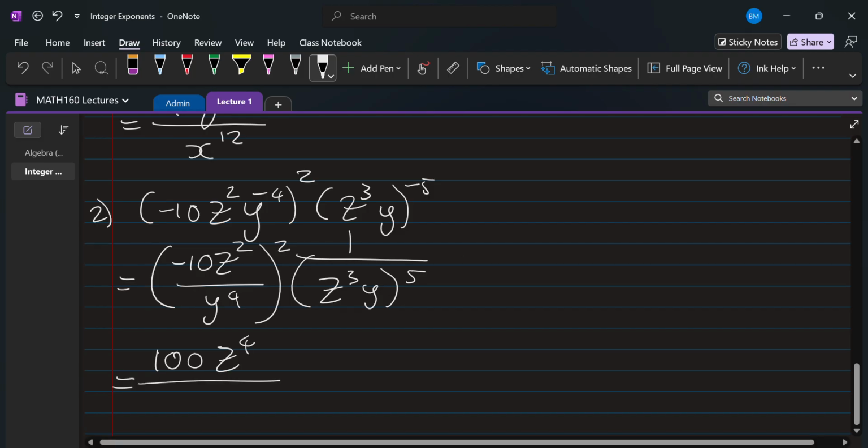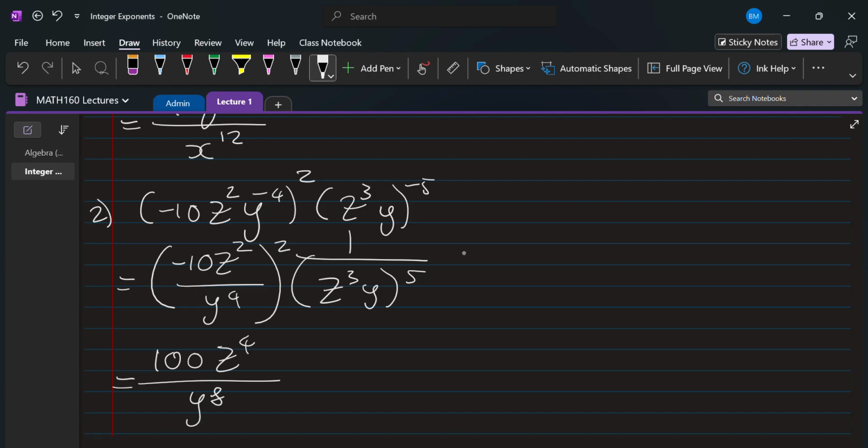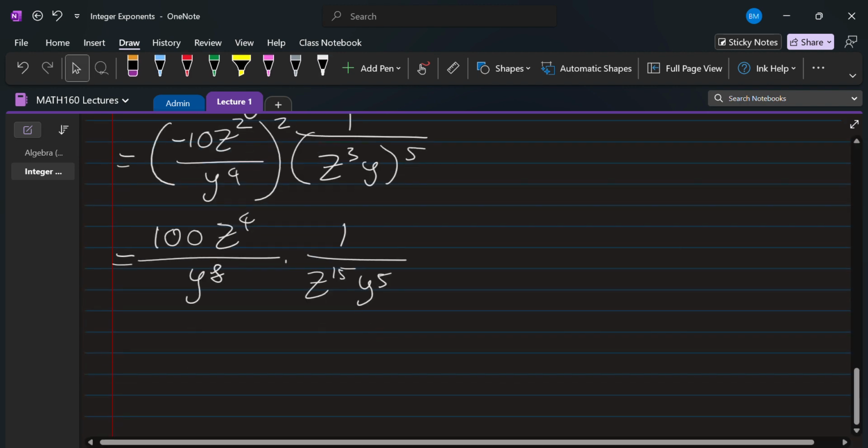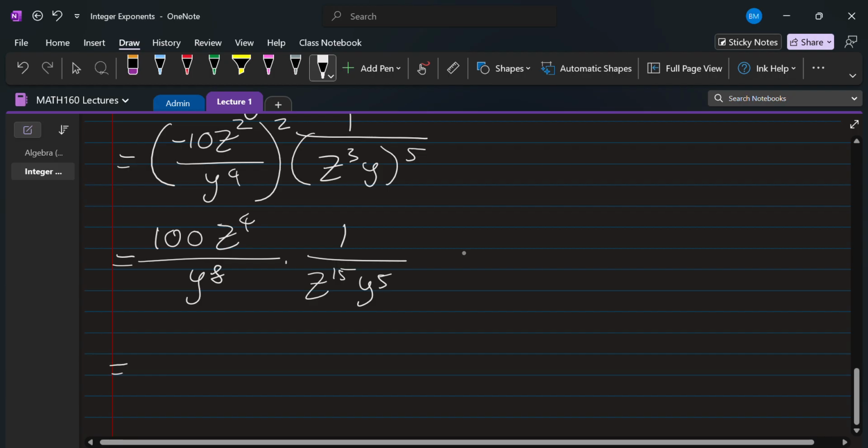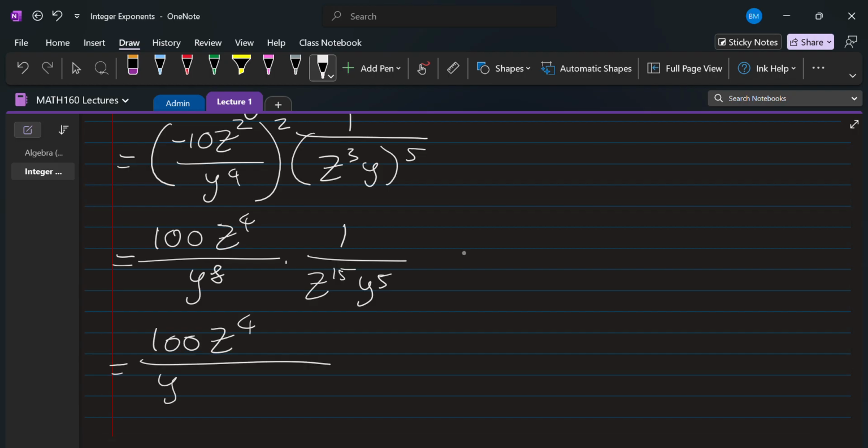The minus goes away when you square it. So we've got z squared again, 2 times 2, that will be 4, so z to the 4. y to the 4 squared, 4 times 2, that will be 8. And then for the next one, z cubed to the 5, 5 times 3, that will be 15 in the bottom. And then y to the 1, there's a 1 there, to the 5, so that's just y to the 5.